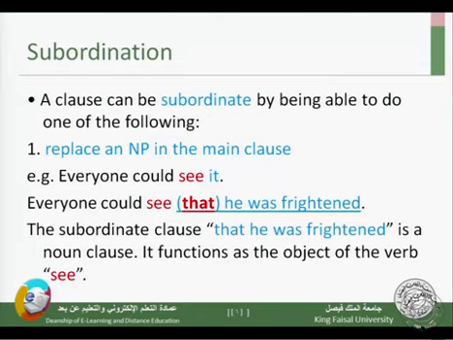So just focus that we have a subordinate clause introduced with a subordinator or subordinating conjunction, which is in this case that. So that is a subordinating conjunction, and that he was frightened is a subordinate clause, or what we call a dependent clause. It is dependent on the main clause, everyone could see it. Okay?